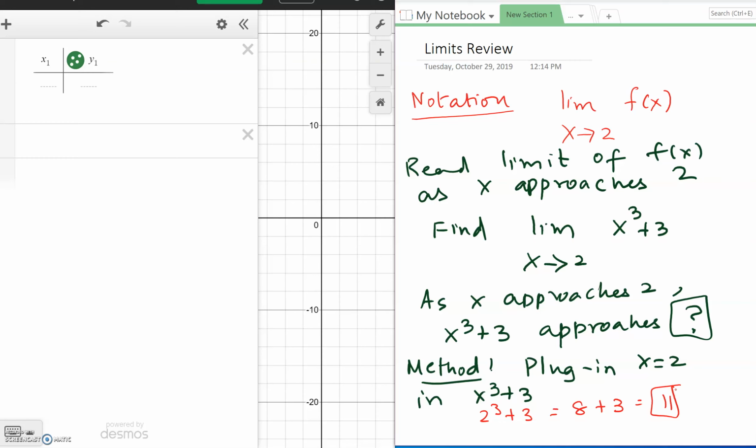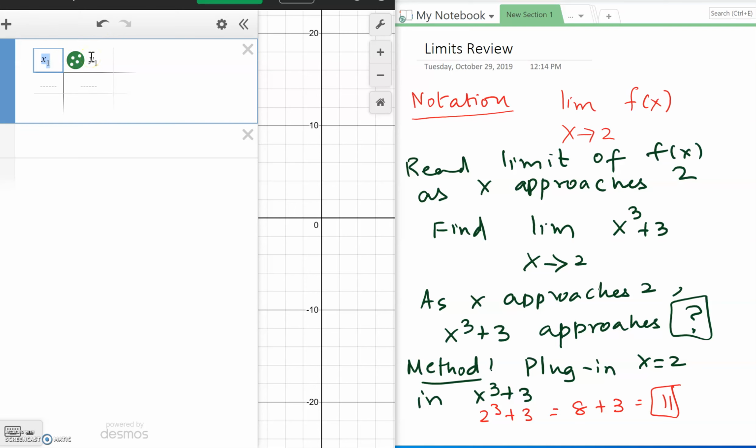All right, so we're going to see the numerical method, and I'm going to use Desmos for that. I've just created a table here. You can click to create a table, or you could use a graphing calculator for this.